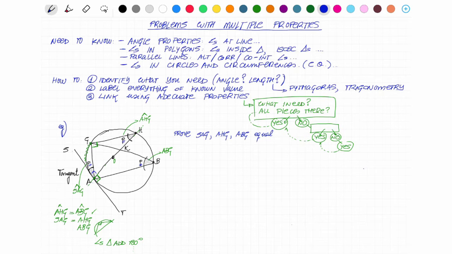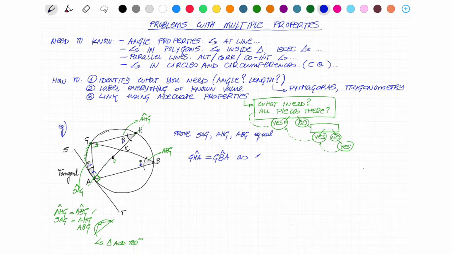Okay, now that I've thought about what I need to do, remember, green is what I think, then I can actually start getting my points and putting things on the paper. So I'm going to start from the easy one. I can come here and just claim that the angle GHA and the angle GBA are equal.